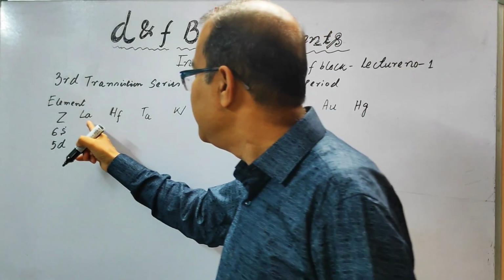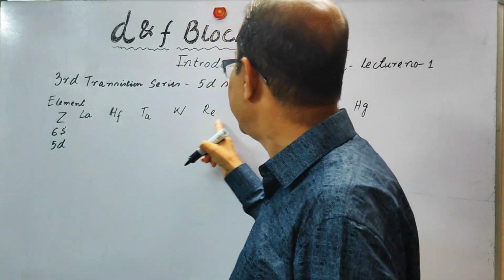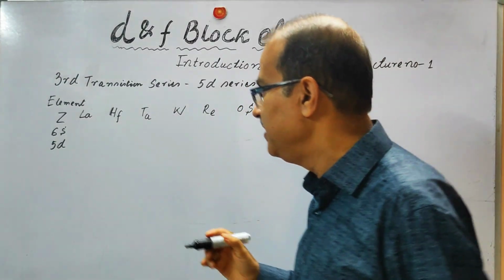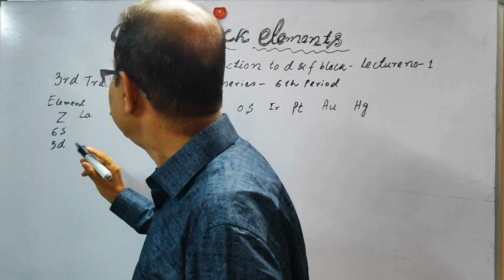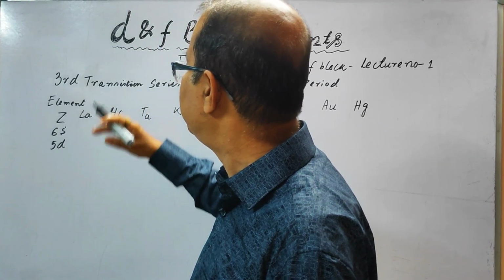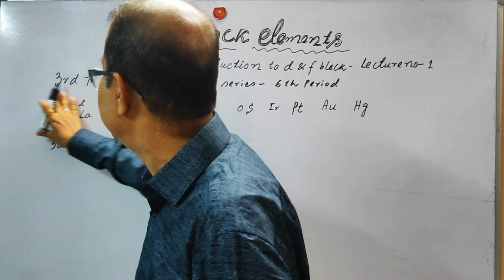So you can see 1, 2, 3, 4, 5, 6, 7, 8, 9, 10. 10 elements are there. Here is the atomic number. The element will be put there.